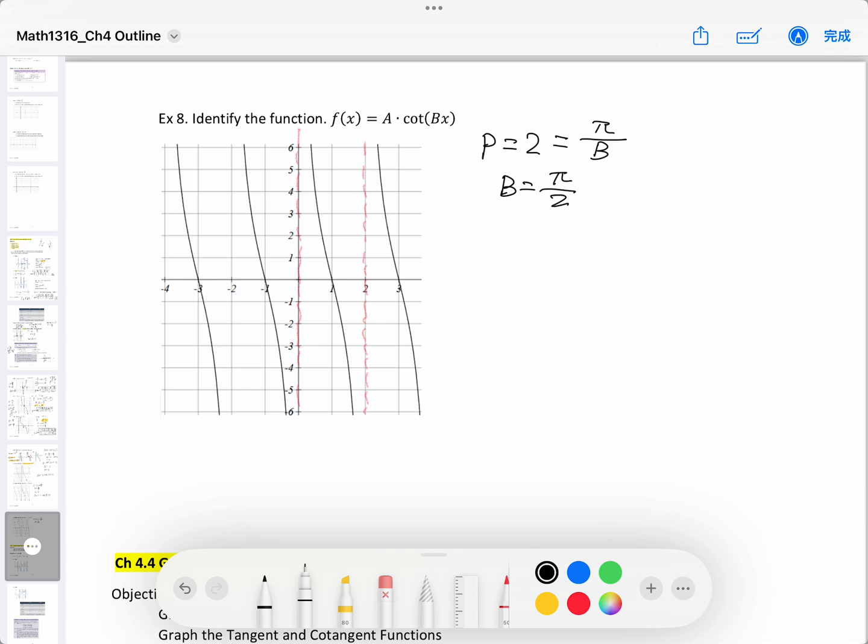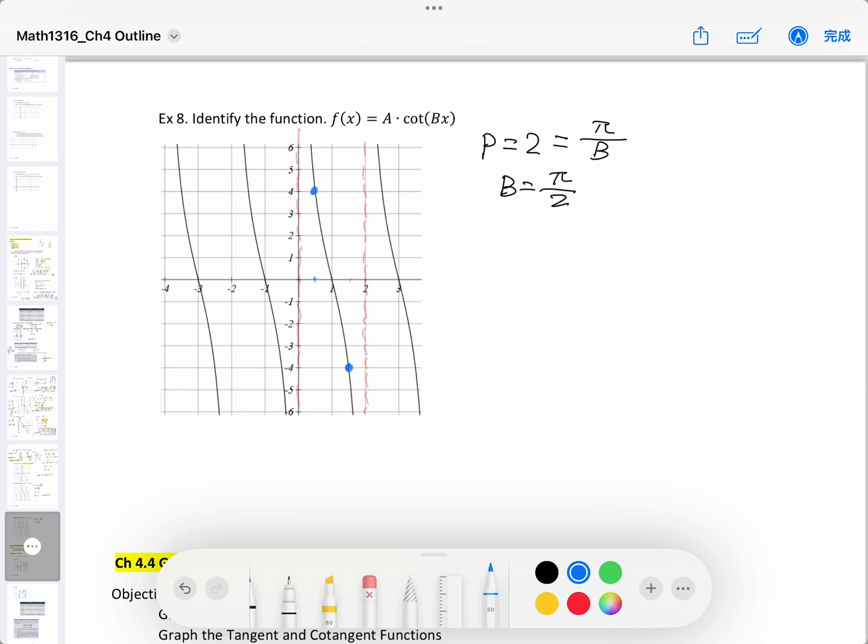And what is the vertical stretching? First quarter, x is 0.5, and the point is here on the graph. And how about 1.5? x is equal to 1.5, y value is -4.